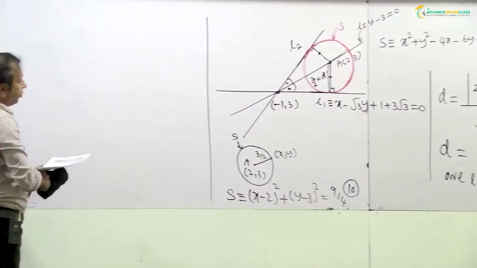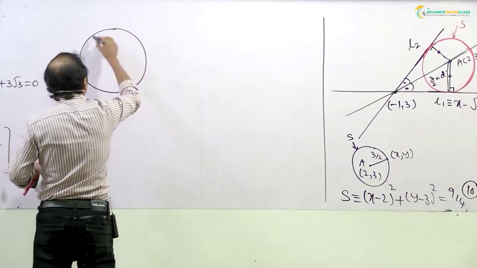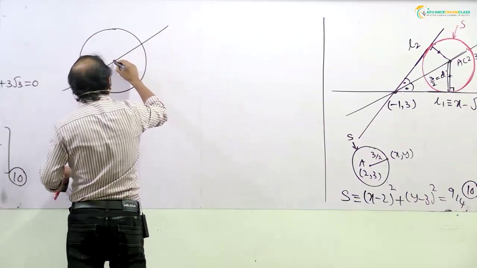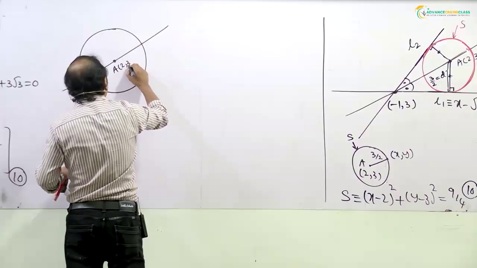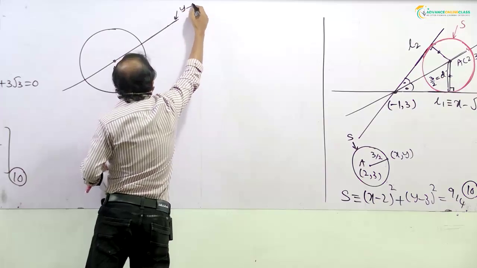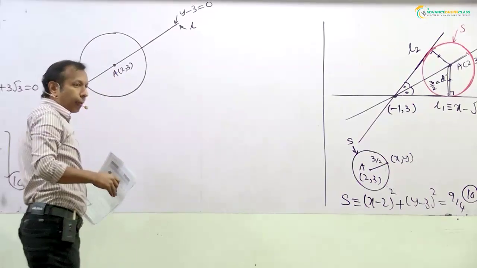From the point P, this is this. S circle is this. Its center is A (2, 3). The equation of the line is y minus 3 equals 0. This line is the line L.